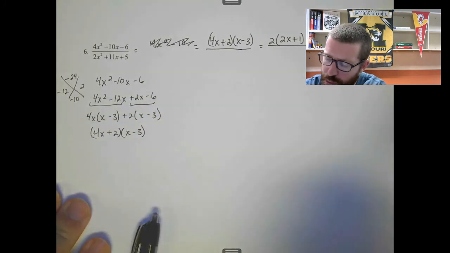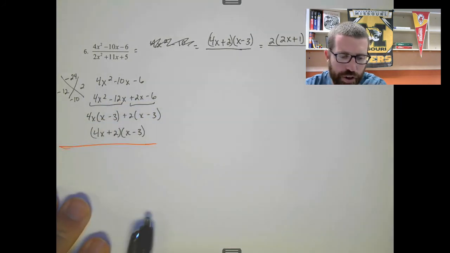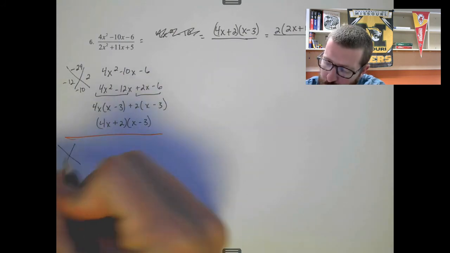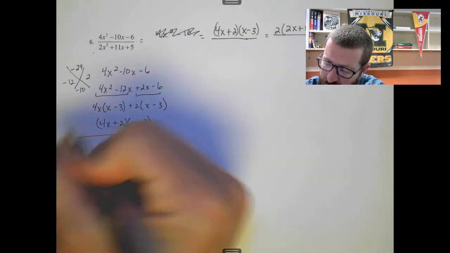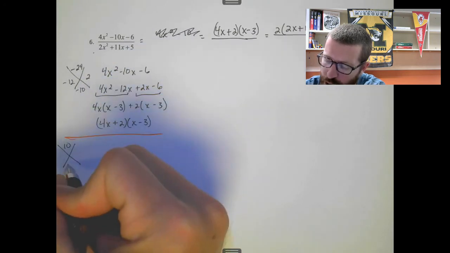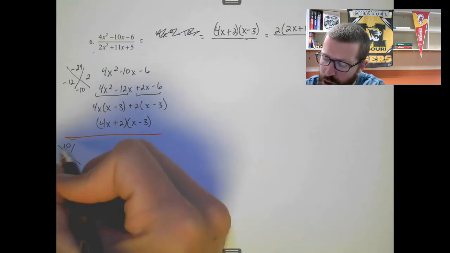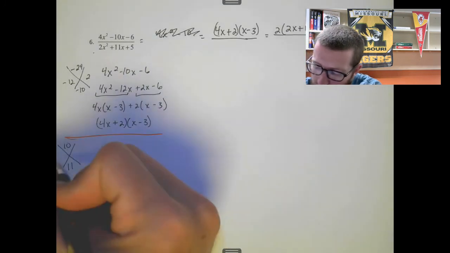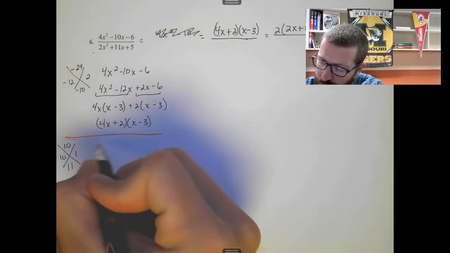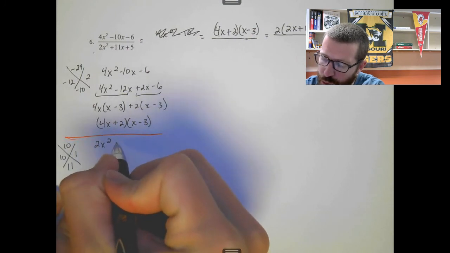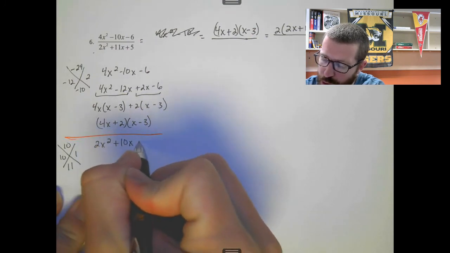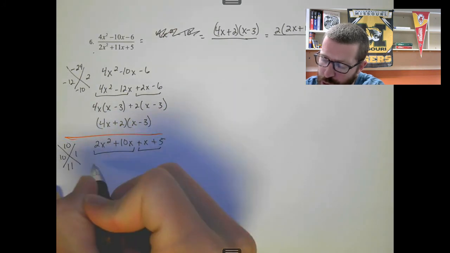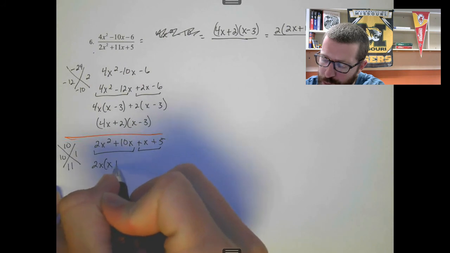Okay, and then on the bottom, let's factor that down here, off to the side. We need two numbers that multiply to 10. 2 times 5 is 10. Remember, we're looking at the bottom, and add to 11. Those numbers are 10 and 1. So rewrite with those numbers, and then factor by grouping, take out a 2x.